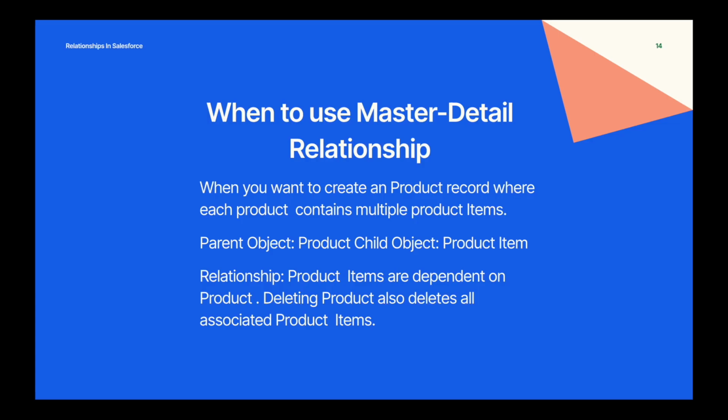Next, the use case where we should use master detail relationship. Whenever we want to create a relationship where an object needs to have all its child objects as multiple records. Let me take an example.